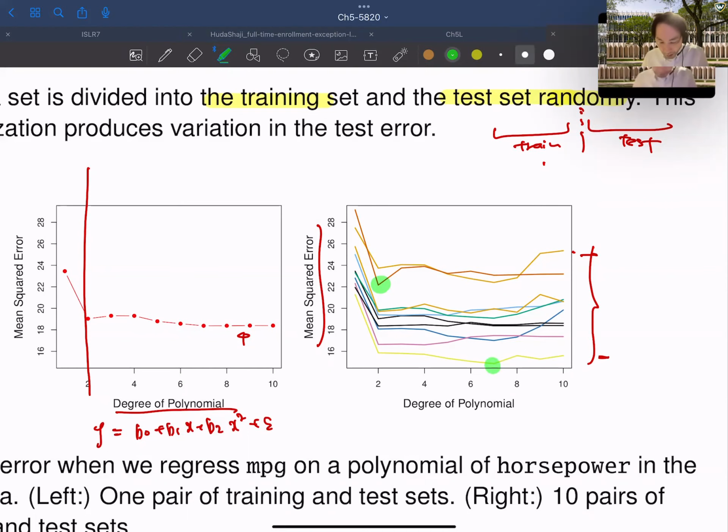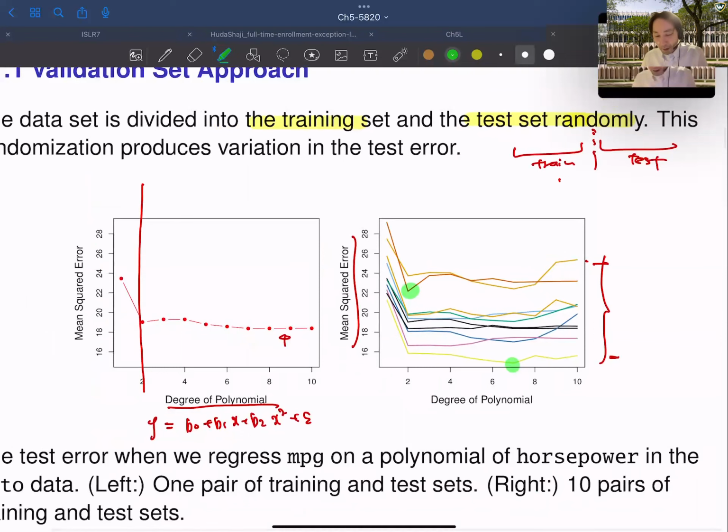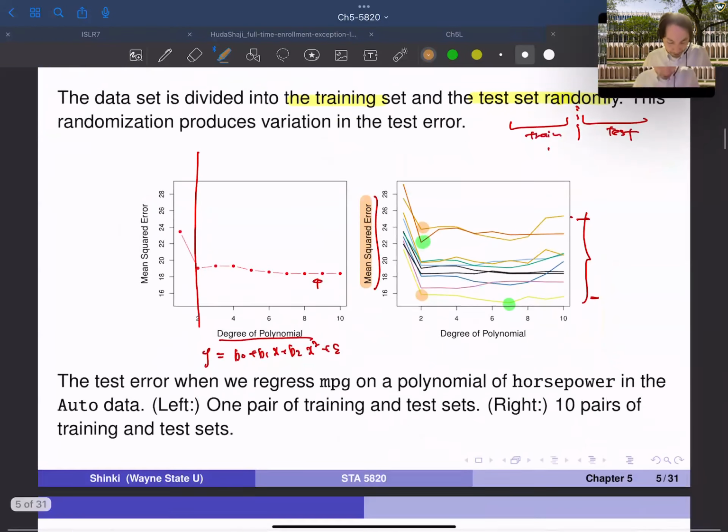So the model choice may be different depending on the data set. So it's not really stable, especially if you want to see the true expected mean square error, our estimate isn't really reliable. It ranges from, for example, 16 to about 24 or 25. So that is the problem.